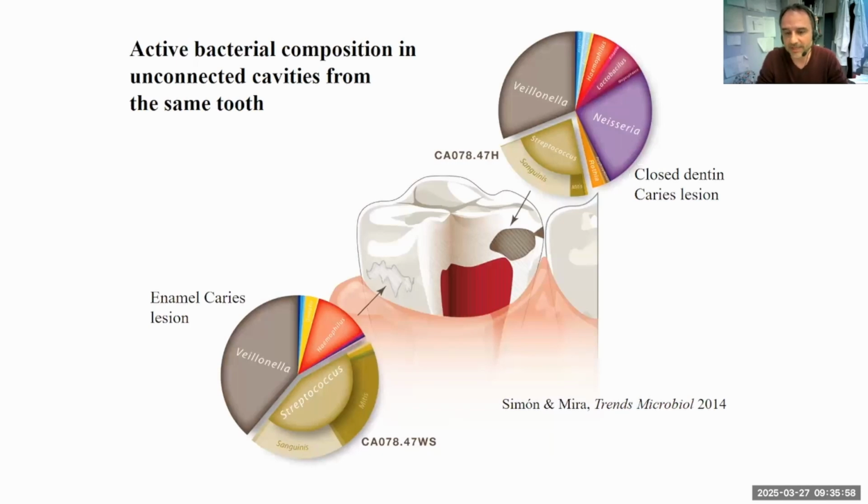This is the most extreme case that we have found, because not only do different individuals have different bacterial compositions in their carious lesions, but even within the same individual it varies, and even within the same tooth. So this is a molar, a 4-7 with 2 different cavities, and we can see that the composition is different between them.